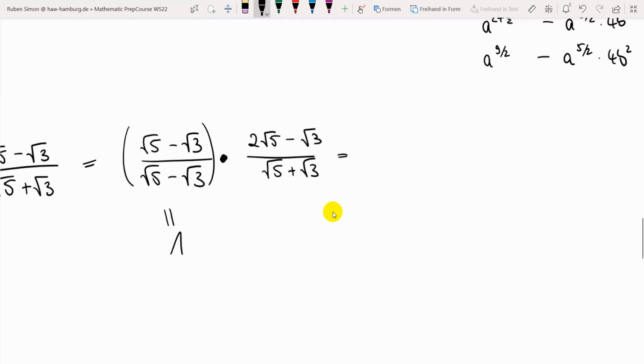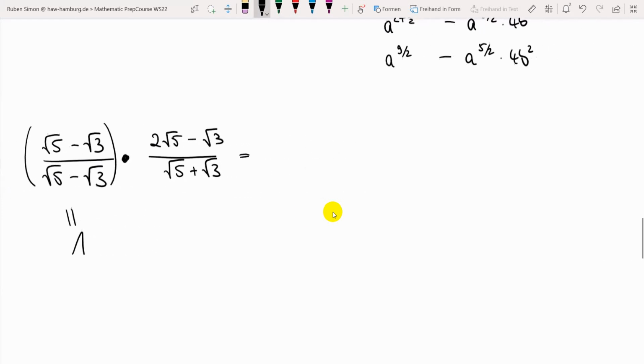Is it expanding a fraction? I don't know. But yes, what does this do to your term? Then he can go with the a square minus b square rule. Yes, correct. So we can apply the third binomial formula in the denominator. If you have a look at the denominator, these two look quite similar to our a plus b times a minus b.